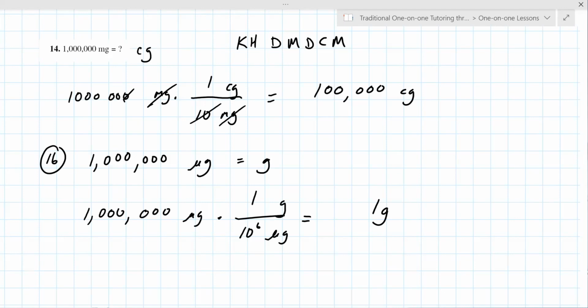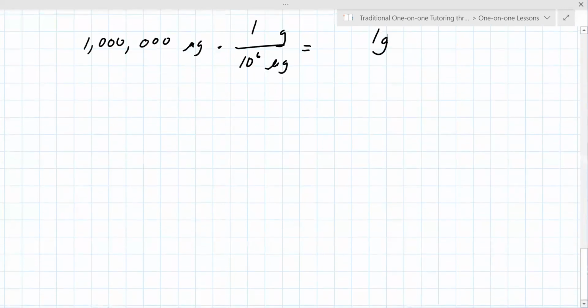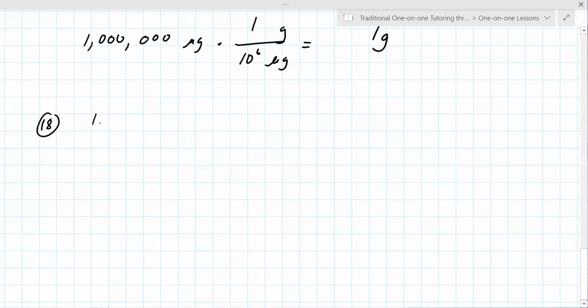Okay, number 18, 1 million centimeters to meters. That's correct. 1 million centimeters. So we need to figure out how many centimeters are in a meter or how many meters in a centimeter.